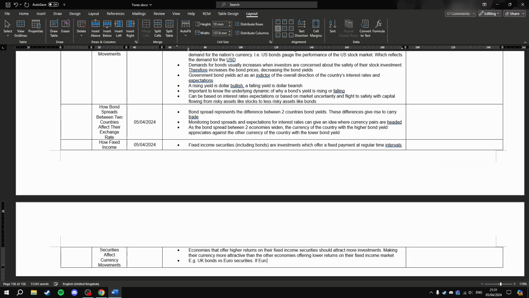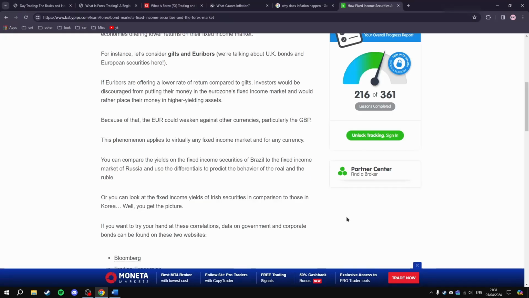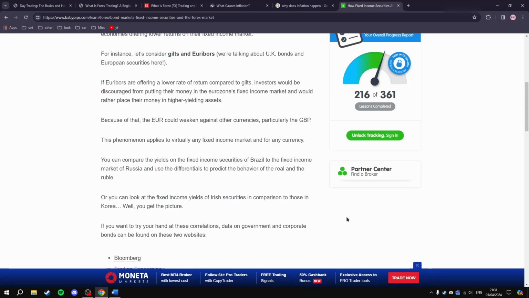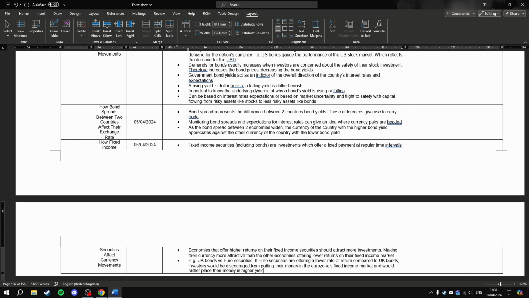If Euro securities are offering a lower rate of return compared to UK bonds, investors would be discouraged from putting their money in the Eurozone's fixed income market and would rather place their money in higher yielding assets.